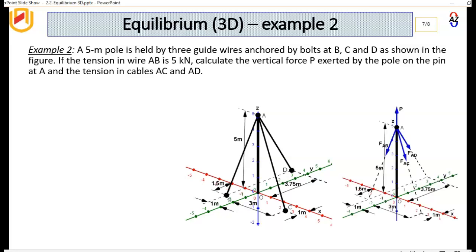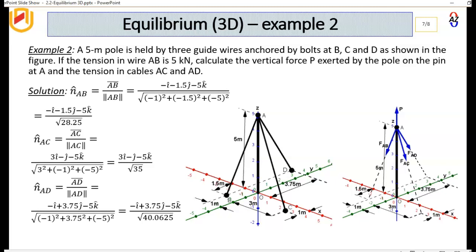So here is the free body diagram. So we have the force in AB, force in AC, and force in AD, and then the reaction at the pole, which is P. Okay, so the first thing that we need to do is to write the unit vectors in the direction AB, AC, and AD. So let's begin with AB.